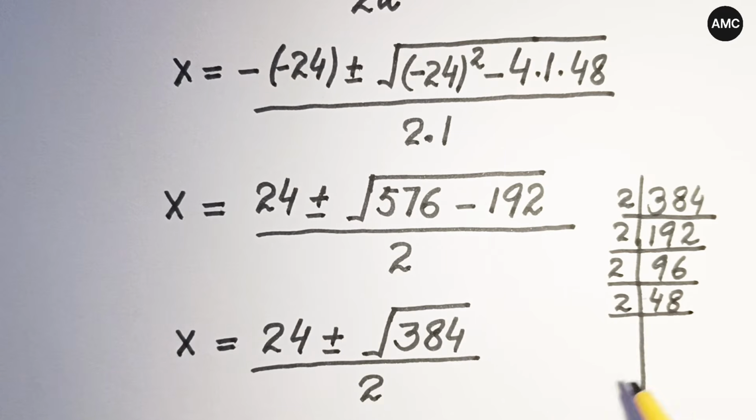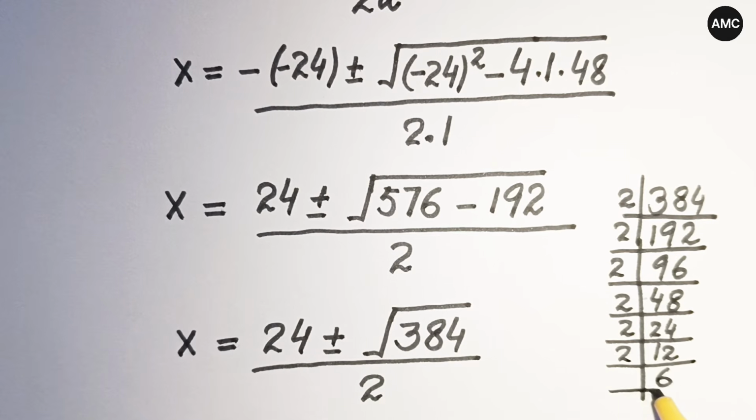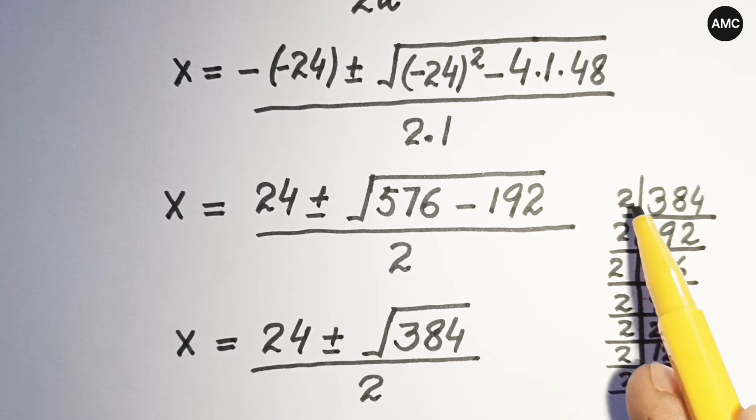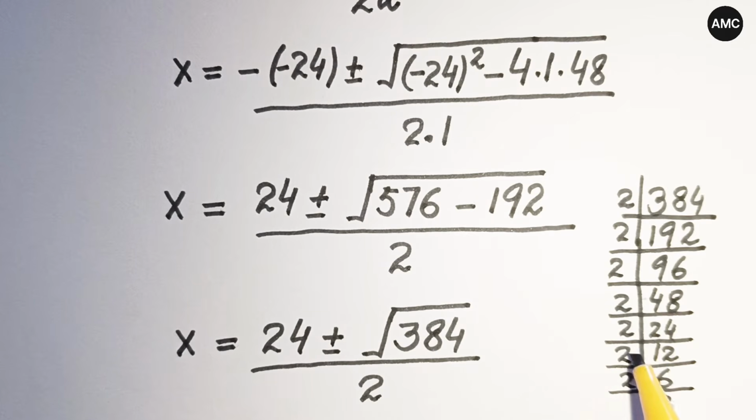Again dividing by 2, we get 48. Similarly dividing by 2 we get 24, then dividing by 2 we get 12, then dividing by 2 we get 6, and then dividing by 2 we have 3. Now here we have 1, 2, 3, 4, 5, 6 and 7 twos.